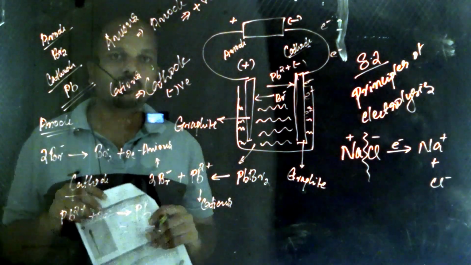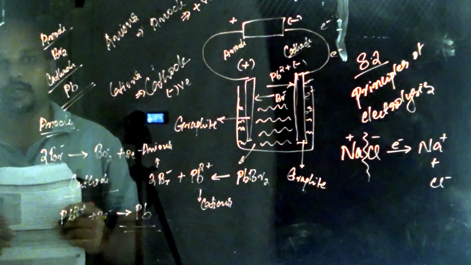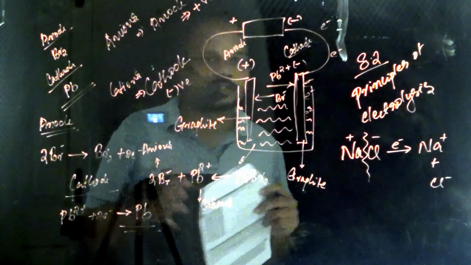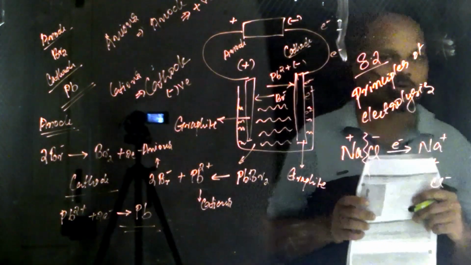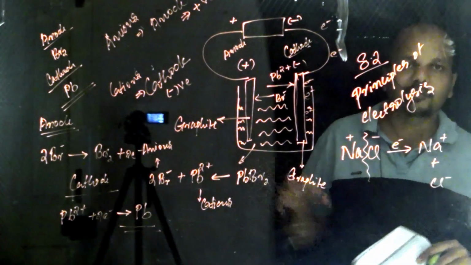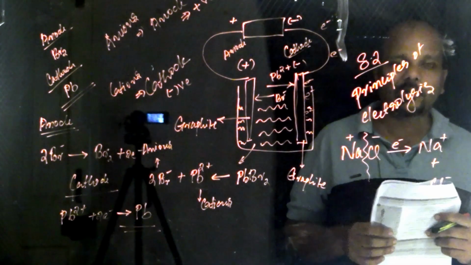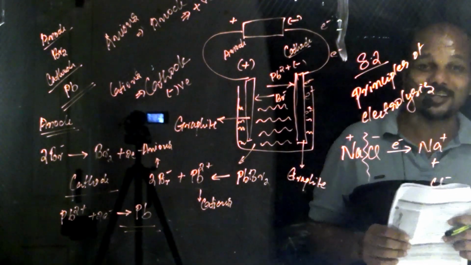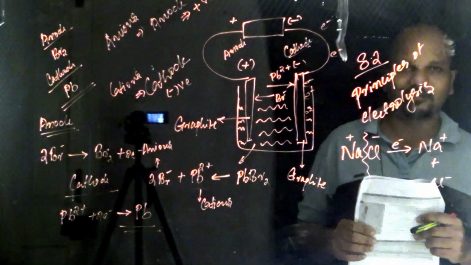This is the overall process of electrolysis, in which electricity flows through the electrodes and different products form. We will see what other molten compounds release and what other products they generate. Those examples we will also see.